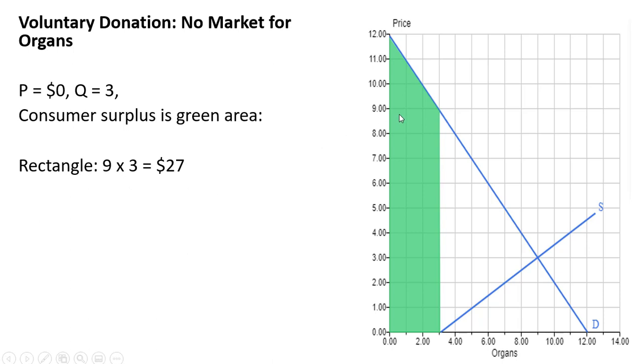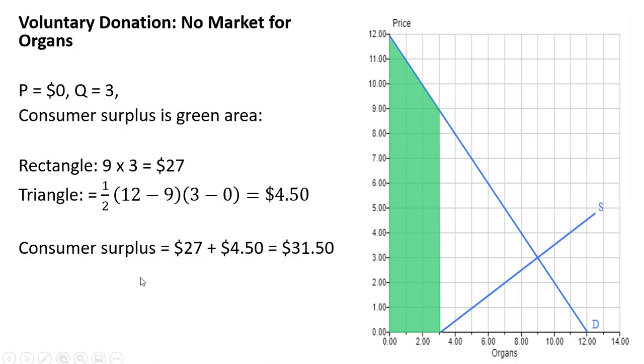A rectangle that's 9x3, and then this triangle on top here, 1/2 base times height. It has a height of 12 minus 9 and a base of 3. So we get a consumer surplus of $31.50.